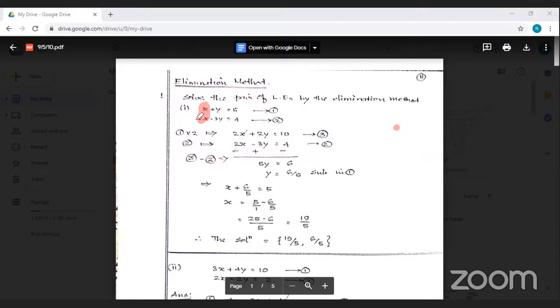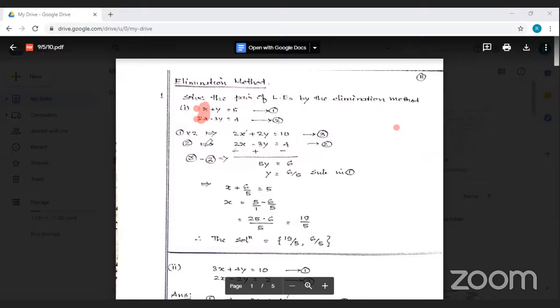What I'm going to do is make the coefficients of x equal. What is the coefficient of x here? 2 and 1. I want to make both the coefficients equal so that I can cancel.